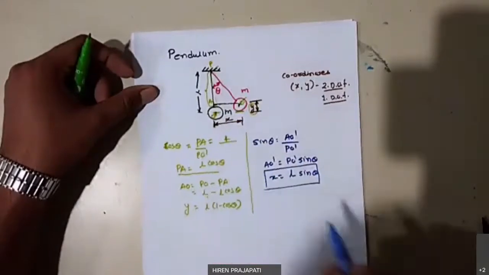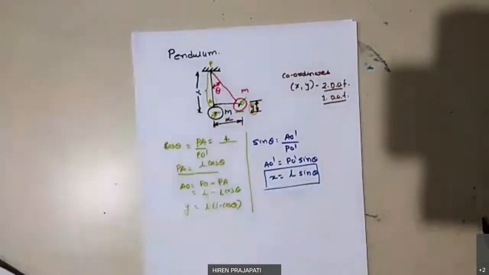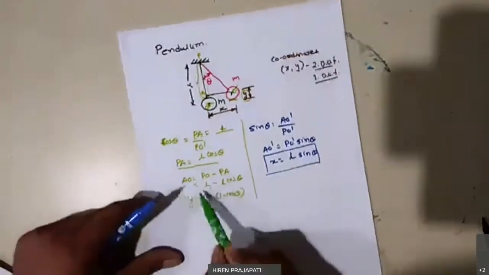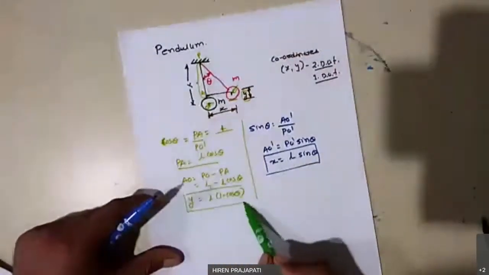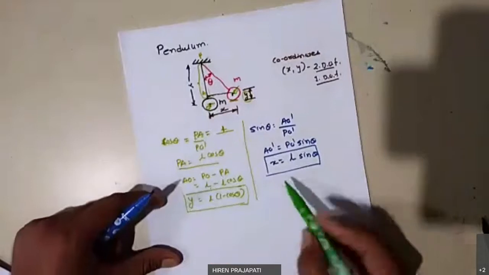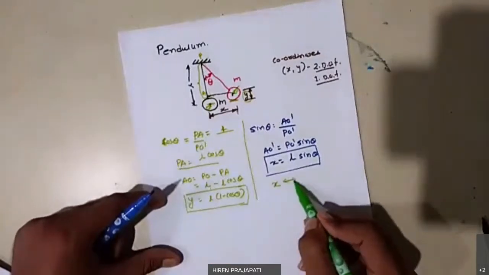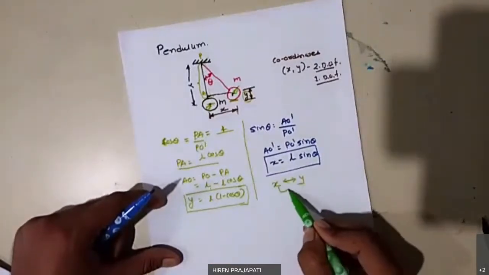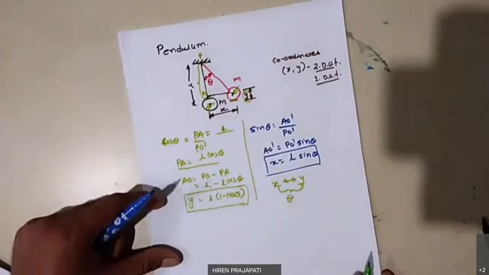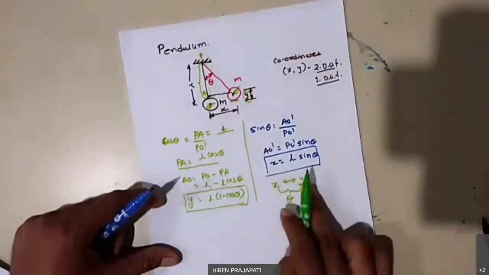If you look, this is the equation of X, L sine theta, and this is the equation of Y, L times 1 minus cos theta. So this X and Y are actually dependent coordinates. X and Y are dependent on theta. So they are not independent coordinates, right?